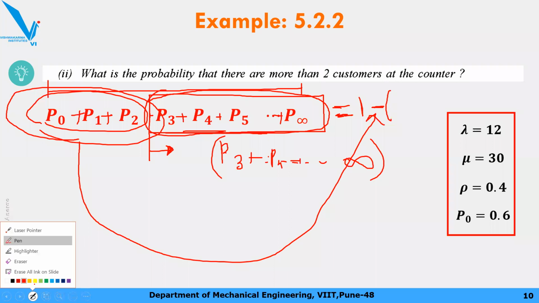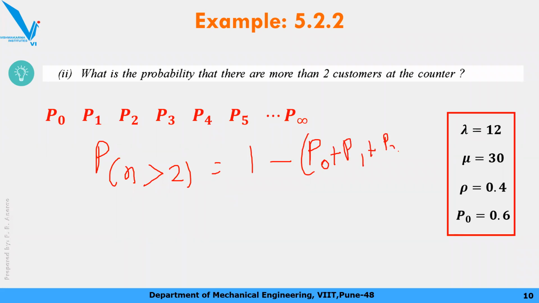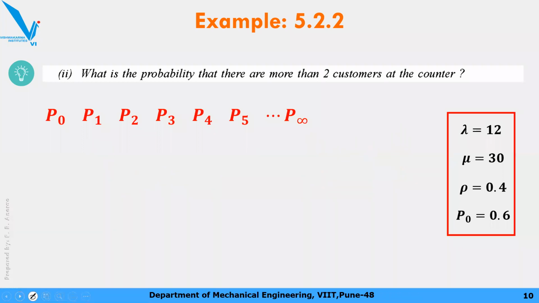So we got a formula that P(n greater than 2) is equal to 1 minus (P0 plus P1 plus P2). Atharva and Mallari got the correct answer. They understood the concept, so this way you do the calculation. So P(n greater than 2), the number of customers more than 2 in the system, is 1 minus (P0 plus P1 plus P2).